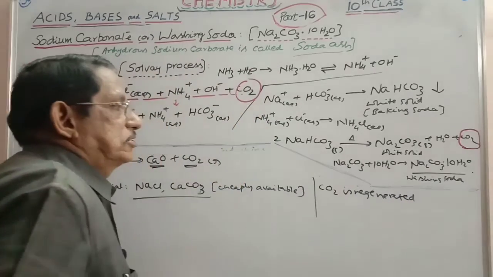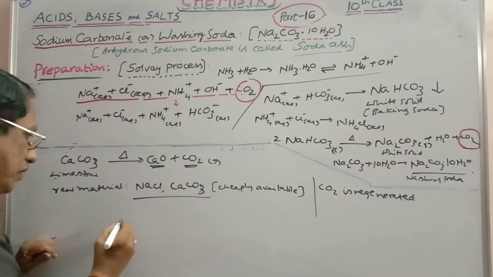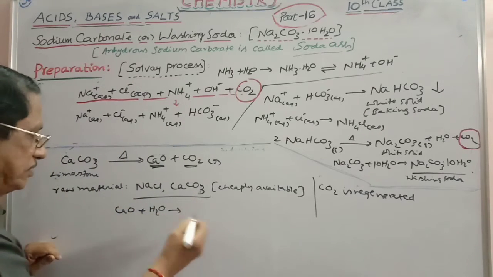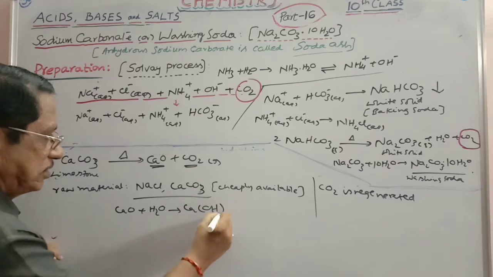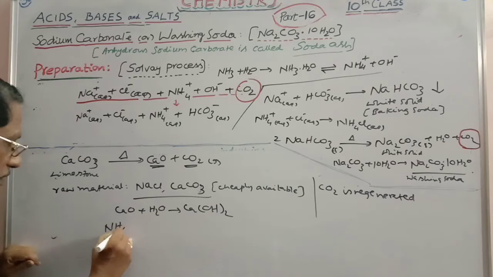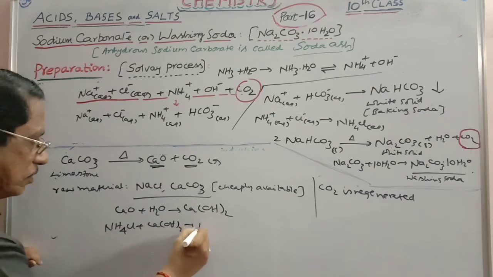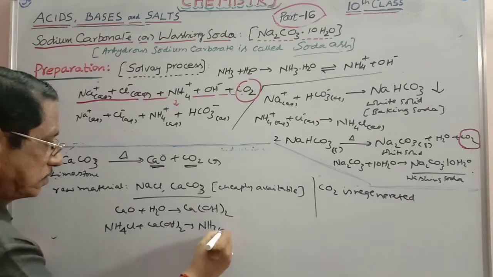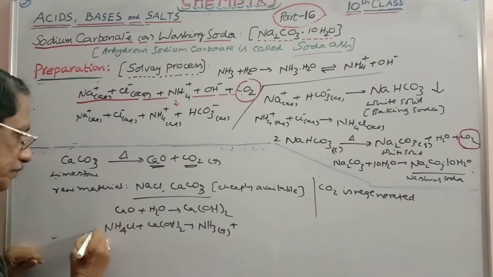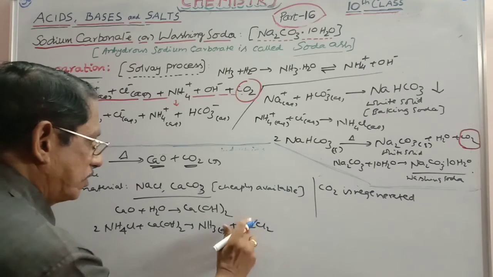Okay. Next you are getting an ammonium salt here, ammonium chloride. CaO plus H2O, whatever is present, is converted into Ca(OH)2, obtained from the limestone. This ammonium chloride reacts with calcium hydroxide, giving you ammonia gas plus CaCl2, calcium chloride.